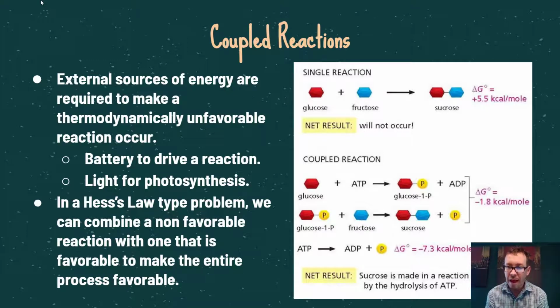However, if we couple that with the use of ATP in the body, we can get a negative delta G value, and as a result, the reaction becomes thermodynamically favorable. So we can couple reactions that are not thermodynamically favorable with ones that are in order to make the entire reaction thermodynamically favorable. We will do some calculations with this a little bit later on.